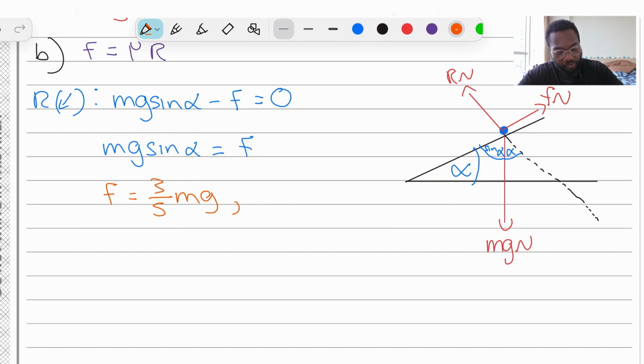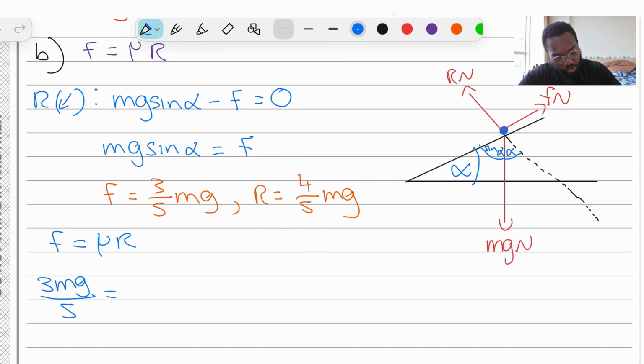So we worked out our F value. We know that our R value is 4/5 mg. Well, we know that F is equal to μR, so that means that 3 mg over 5 is equal to μ times 4 mg over 5.